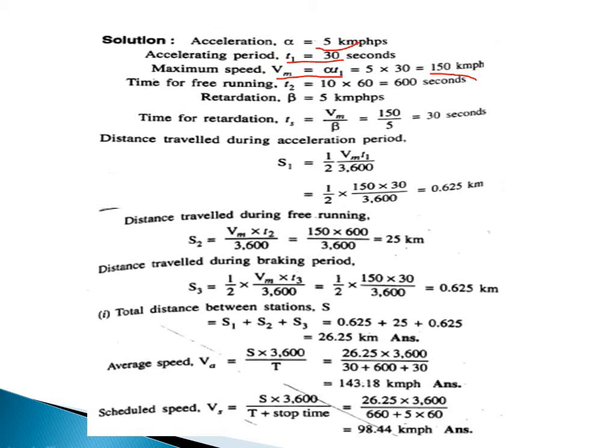Free running time is again given, that is 10 minutes, that is 600 seconds. Retardation is also given, that is 5 km per hour per second. Now time for retardation equals Vm by beta, that is 150 by 5, that is 30 seconds.